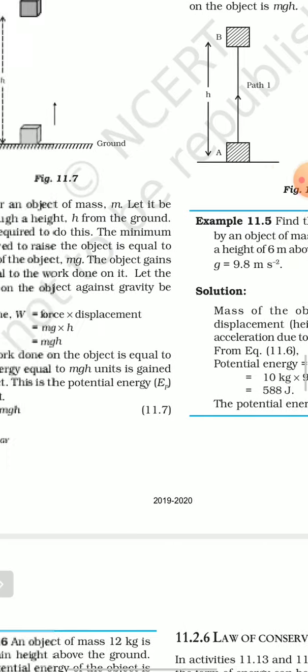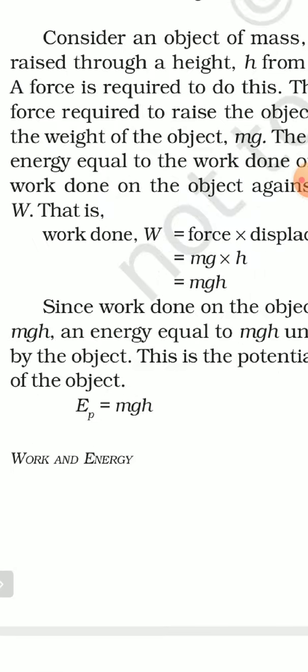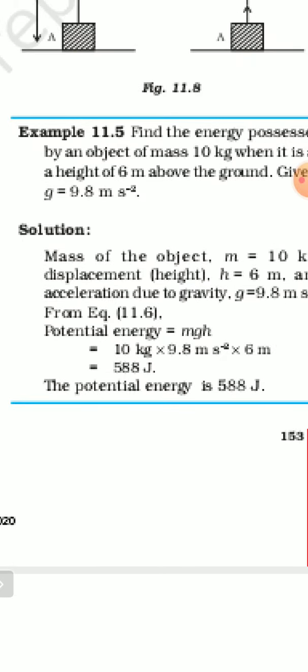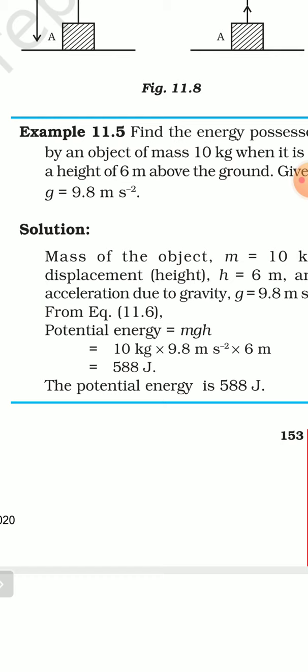The formula of potential energy is EP is equal to mgh. Put the values in the formula: 10 into 9.8 into 6 is equal to 588 joule. Why is this joule? Because this is energy, and energy is calculated in joule.